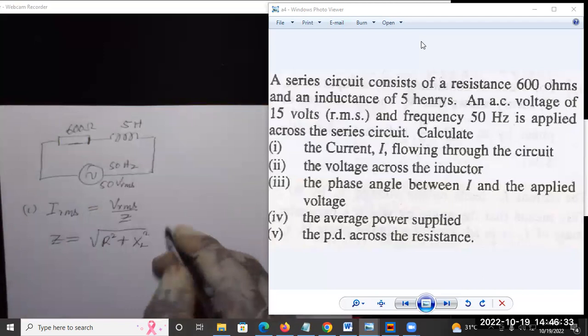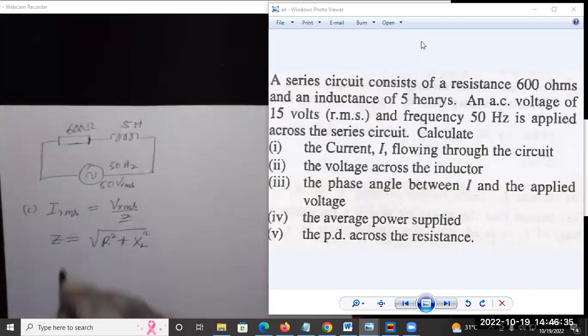So we need to find the inductive reactance, which is given by 2 pi frequency and inductance. Pi is 3.142, the frequency is 50, the inductance is 5. Using a calculator, that will give us 1571 ohms.